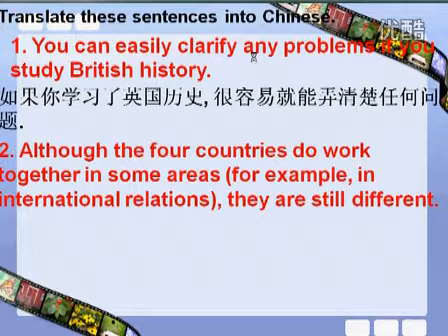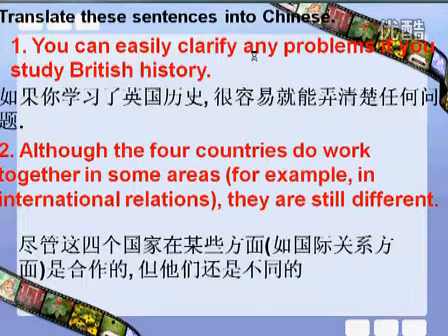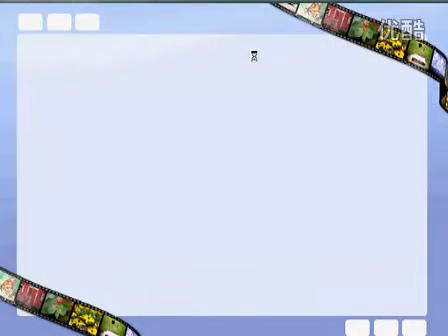Now, although the four countries do work together in some areas, for example, in international relations, they are still different. 尽管这4个国家在某些方面，如国际关系方面是合作的，但他们还是不同的。Now look at that sentence.